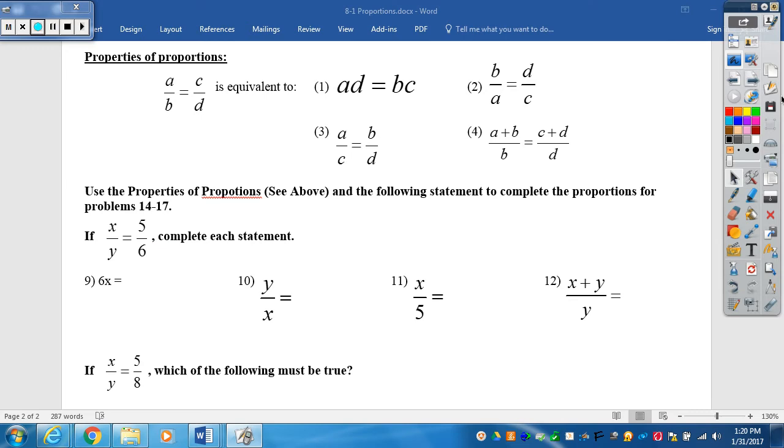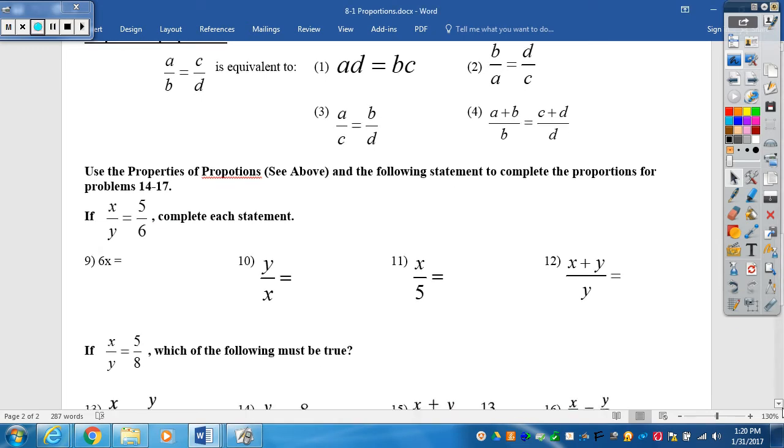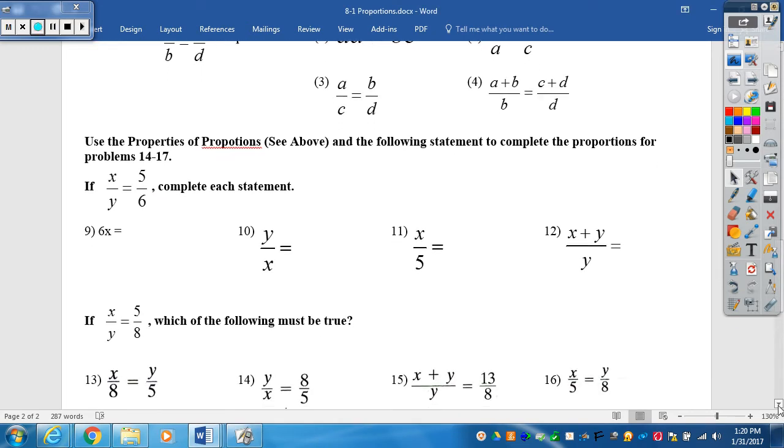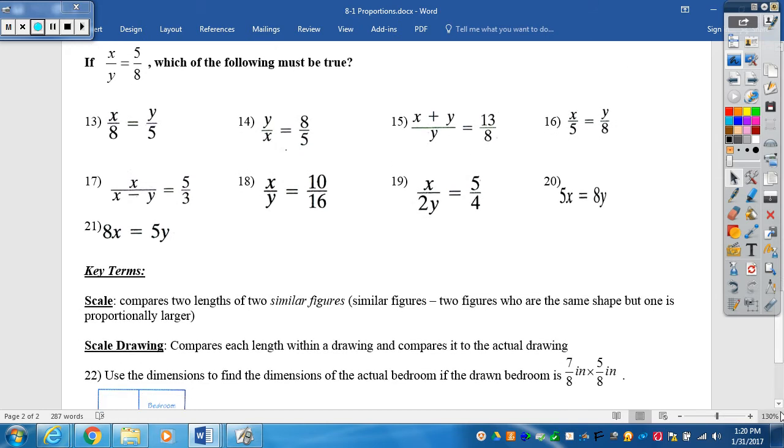All right, now, can we go down? For numbers 13 to 21, we want to ask ourselves if any of these proportions here are equivalent to that proportion right there. One of the easiest ways, I think, to find this out is to actually take the cross product of each.